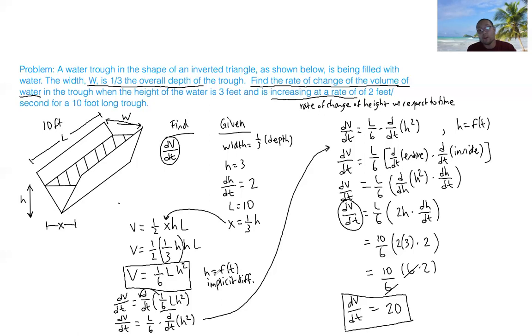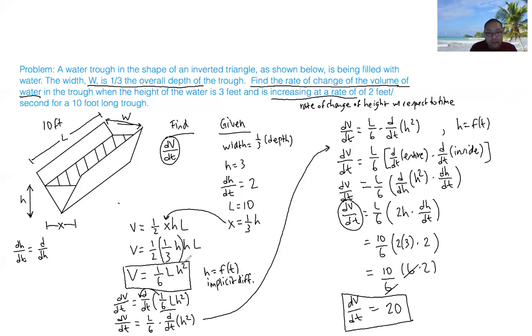From here, we used implicit differentiation, considering that h is a function of time, because over time, more water is added to the column, and the height, or h, is going to increase. Okay, and so because of that, we knew that we could break up, right, change in height over time. We split that up into d over dh, right, the derivative with respect to h of the h term.